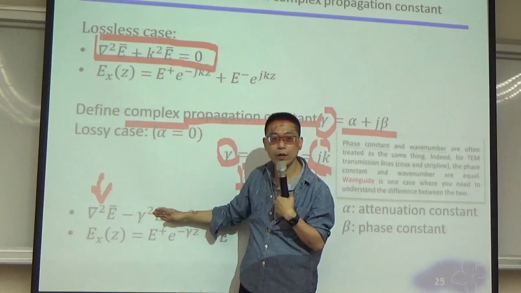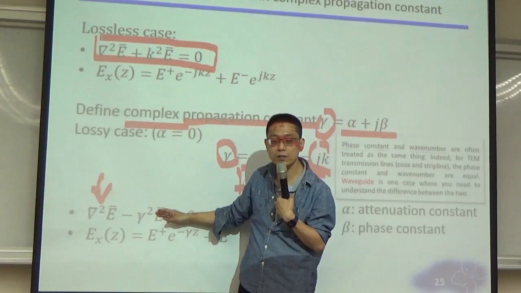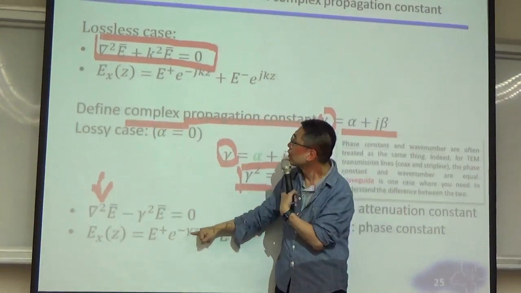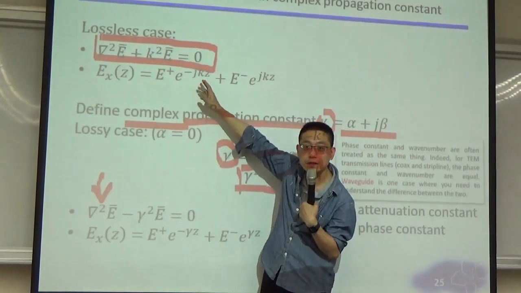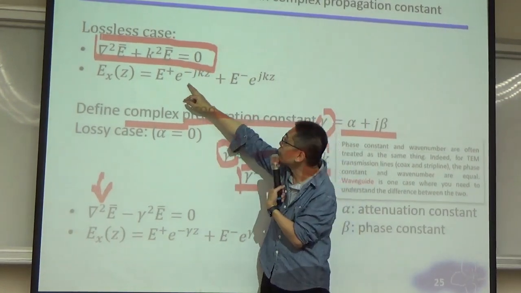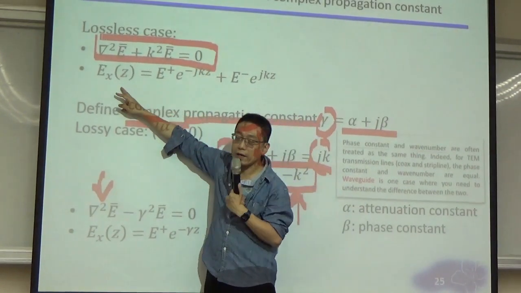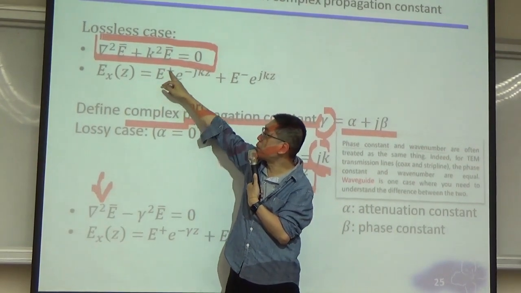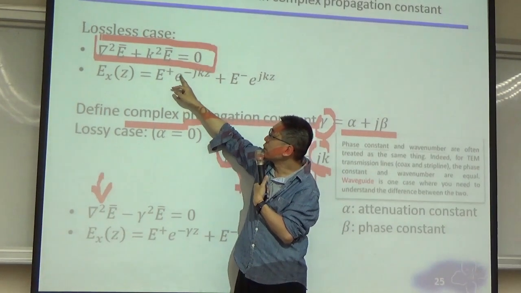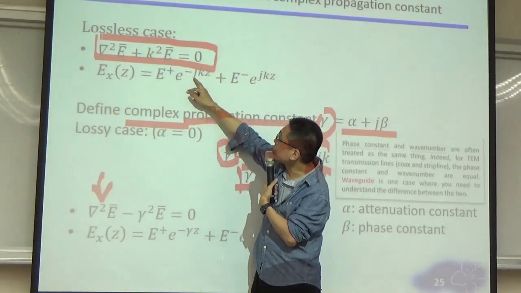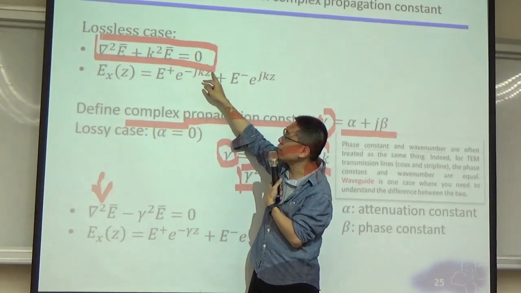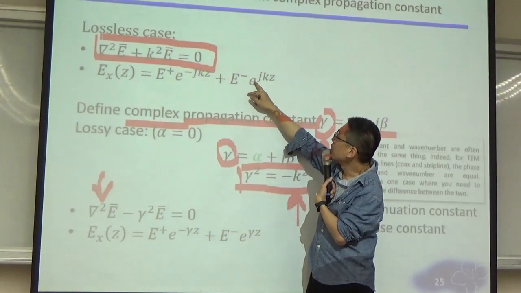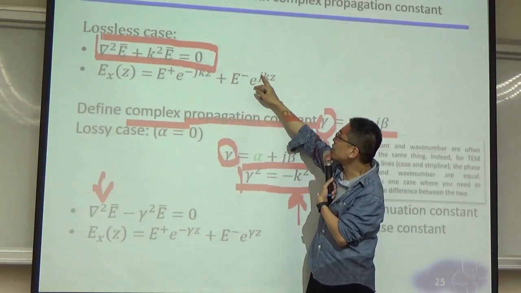To solve this equation, we use the same method. You obtain something here. See, this is the lossless equation. Your E_x as a function of z equals E plus times exponential to the power of minus jkz, plus E minus times exponential to the power of positive jkz.